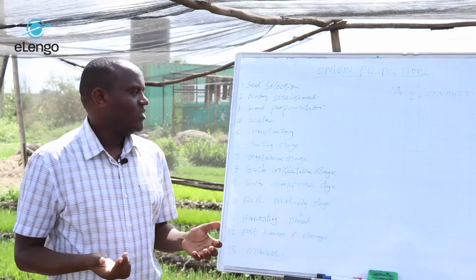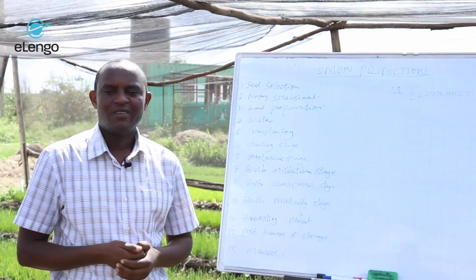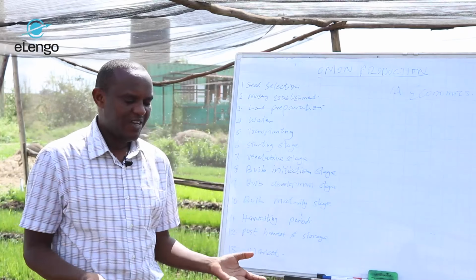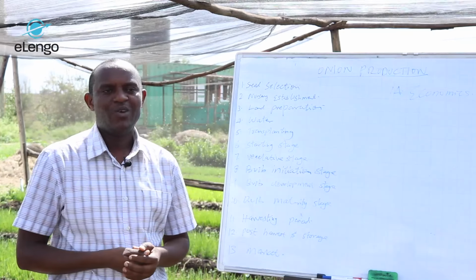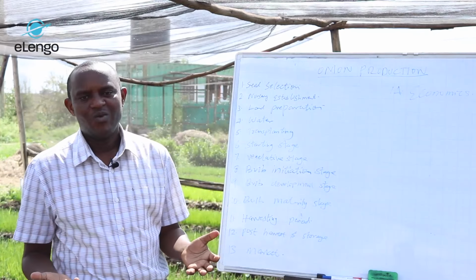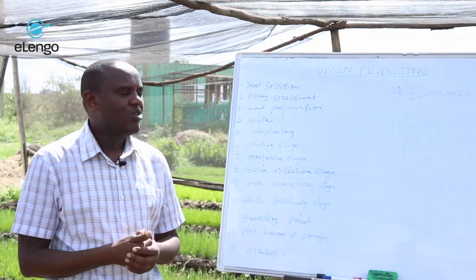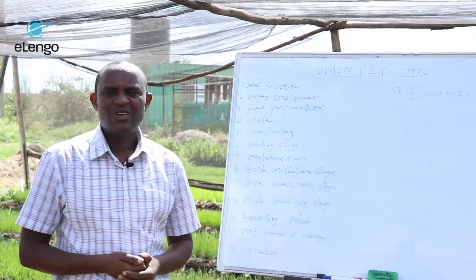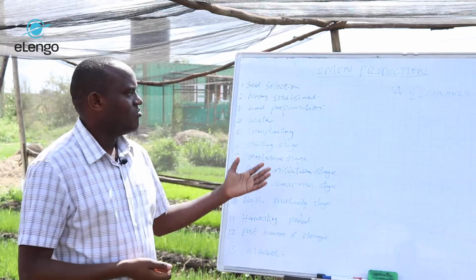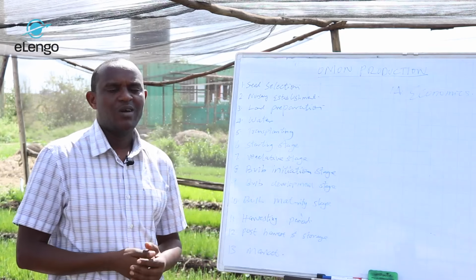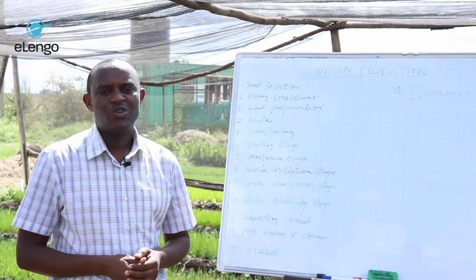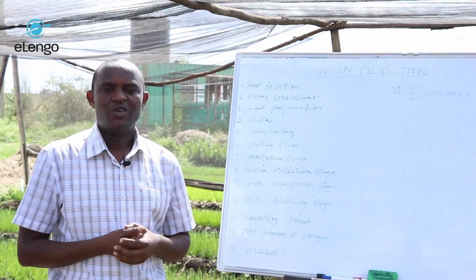And in so doing, you have fed the customers. The customers will get a good onion crop, you are going to get your profit, and your business is going to thrive. And as a student, you are able to make an informed decision that the onion crop is what you want to plant and what you want to thrive in.